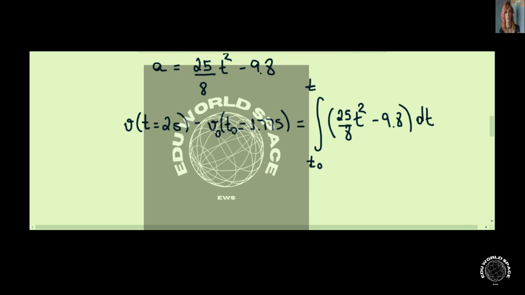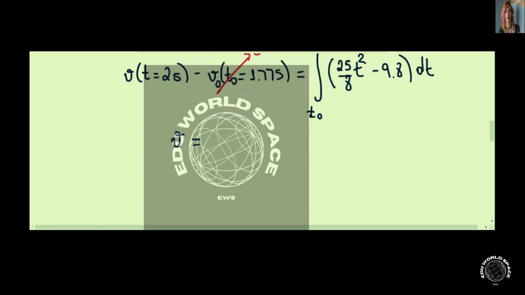So I have that v0 is 0, that's the initial speed. So I have that v is equal to 25 divided by 8 times 3, which is 24, times t cubed minus t0 cubed minus 9.8 t minus t0.